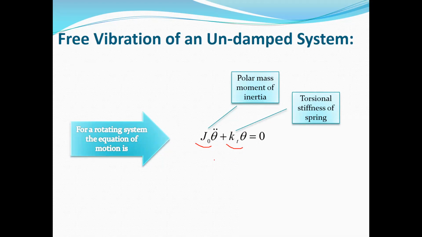This time, instead of x naught and v naught as our initial condition, we will have, for example, theta naught and omega naught, and you can substitute and solve this equation. In terms of mathematics, this is exactly the same equation as the previous equation in translational motion, but here we will have rotational motion, so the solution procedure is the same.